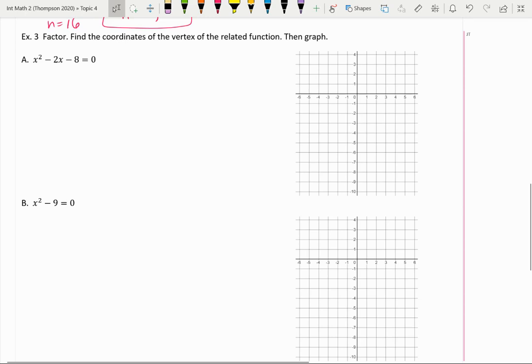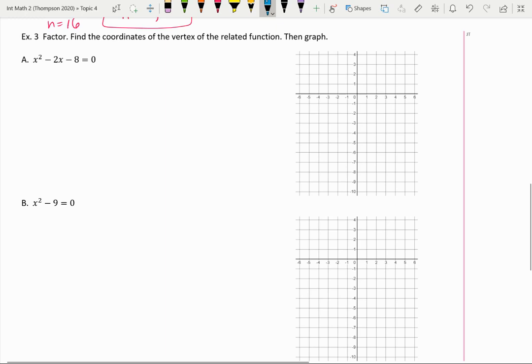So here we go. Step 1, factor. When I'm factoring this, just like the steps above, I've got to have equals 0, right? So it's already solved for 0, so I'm good there. All right, next.